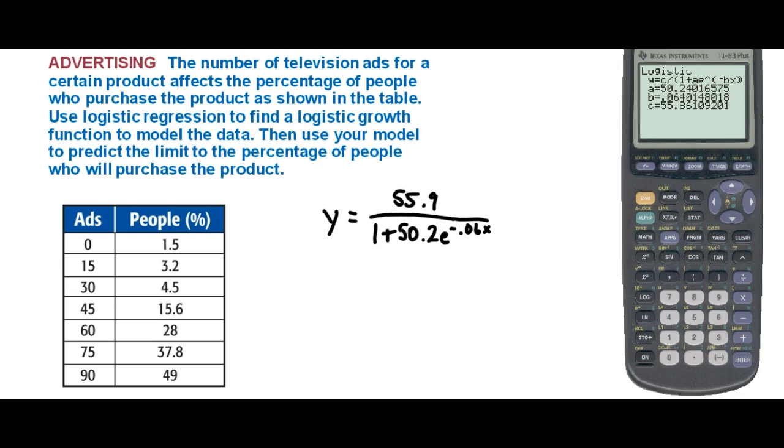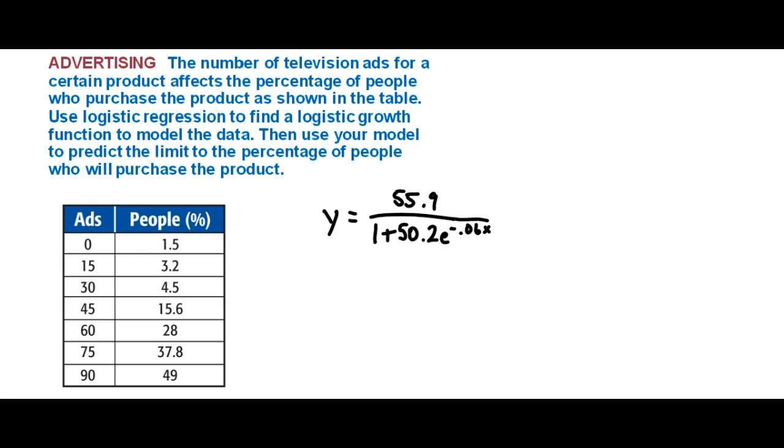Let's go ahead and see how that looks on our graph. So I'm going to go to zoom stat. You can see it fits it pretty well. It comes out to that kind of S shape that we saw earlier.